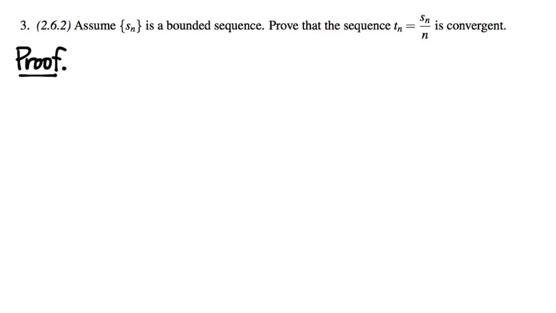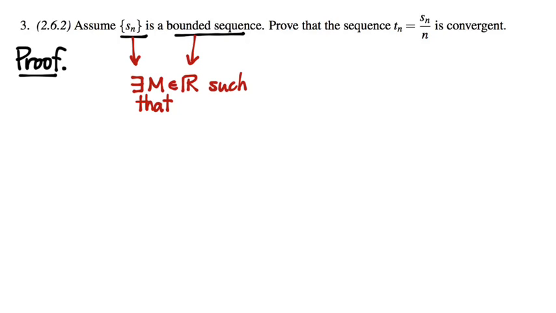So Sn is bounded. What does that mean? What's the definition of bounded sequence? This means that there exists a real number M such that, how do we want to put this?